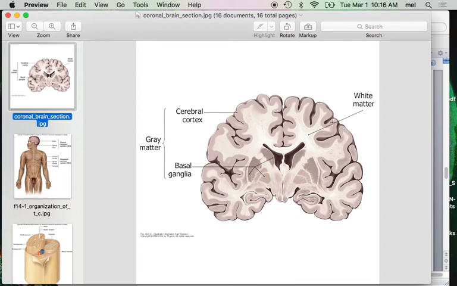And one more time, the gray matter is not so much gray because it is cell bodies as it is gray because it doesn't have very much myelin, right? It's just a bunch of cells that are right next to one another, so you don't really need very much myelin to get them to communicate with one another. You got it? So that's why gray matter and white matter have these sort of arrangements within the brain.